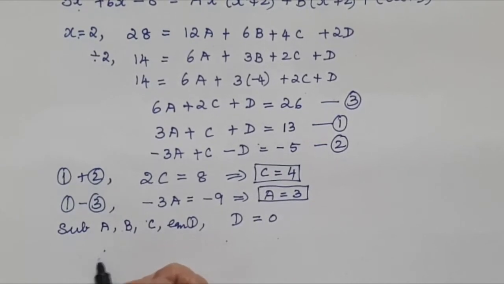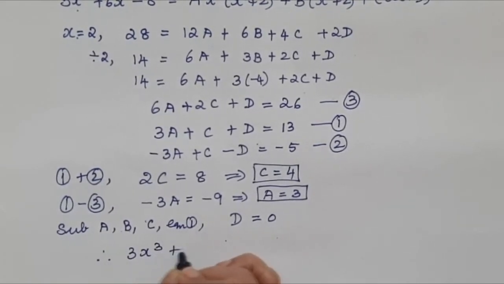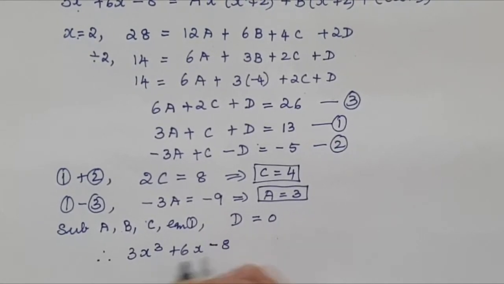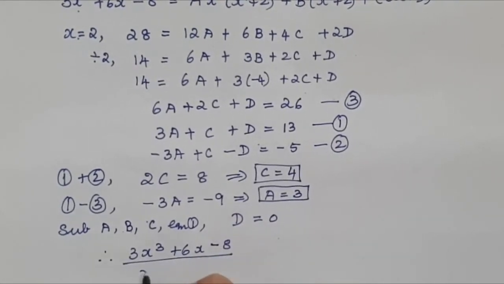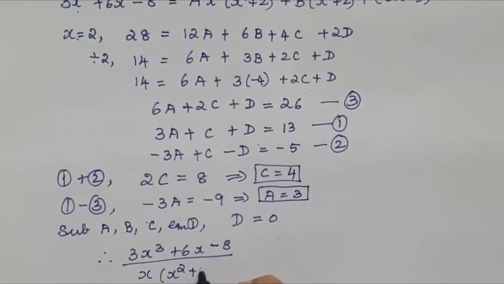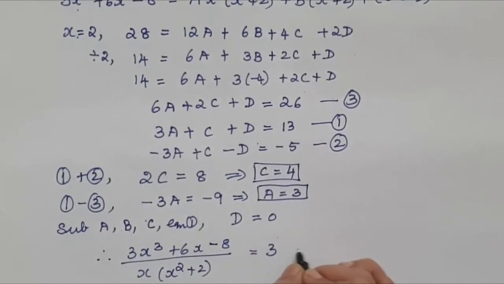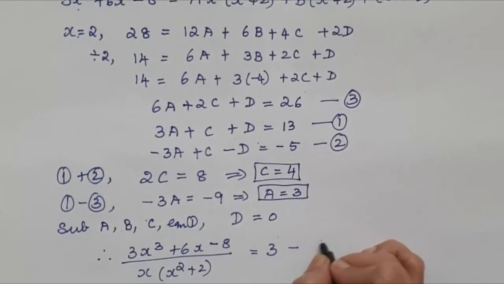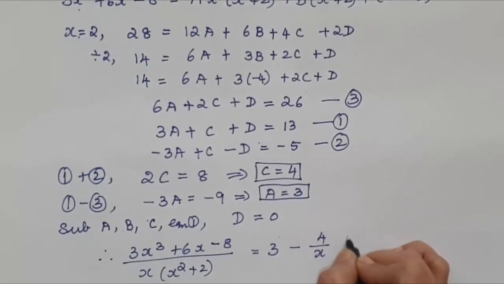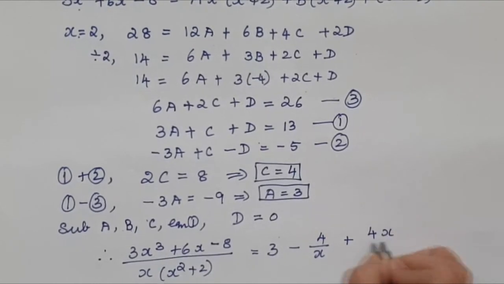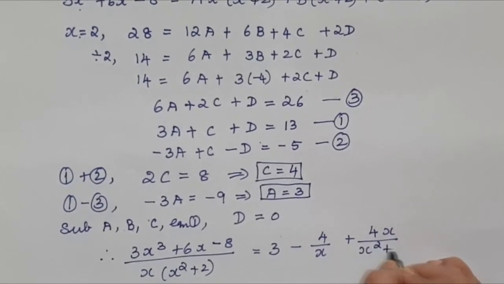So, therefore, our partial fraction becomes 3x cubed plus 6x minus 8 divided by x into x squared plus 2 equal to, our value for a is 3, the value for b is minus 4, so 3 minus 4 over x plus 4x over x squared plus 2.